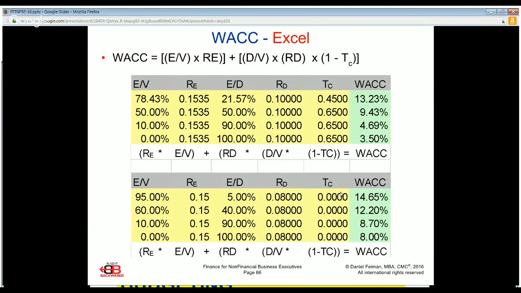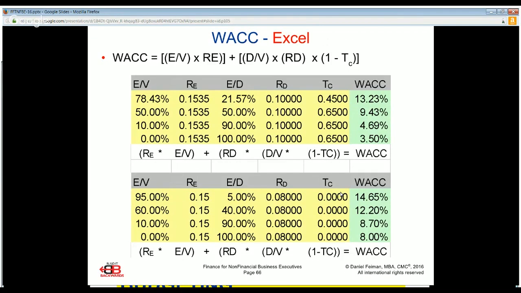Now, if we were to change the proportions of debt to equity, go to the second line, 50% equity, 50% debt, same cost of equity, same cost of debt, lowers the weighted average cost dramatically. You can see as we change our leverage, it has an impact on our cost of capital.